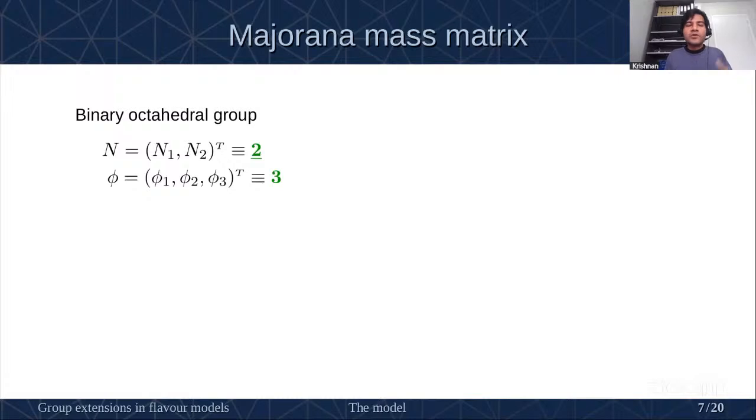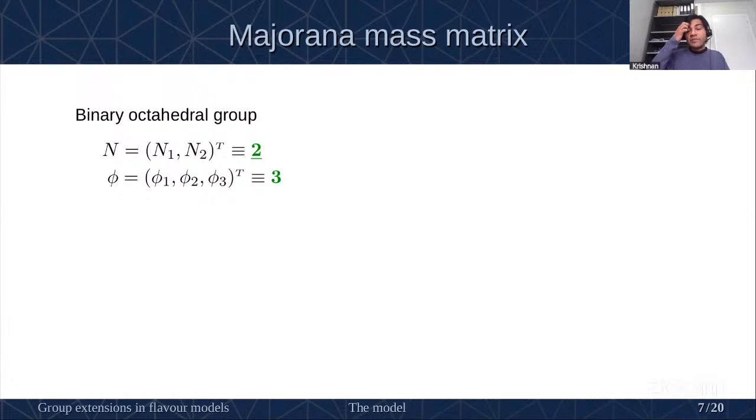Now let's go to more specifics of the model. Let's look at the neutrino sector, neutrino modeling itself. In neutrino modeling, mostly people assume something called the seesaw mechanism. In the seesaw mechanism, we have not observed them yet, but we assume that right-handed neutrinos exist.